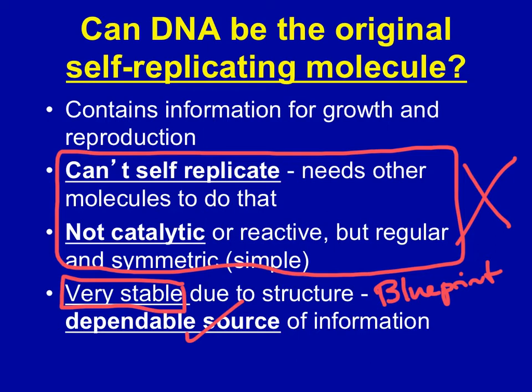So DNA cannot replicate by itself. So it has one of the features required, but not the second major feature. The two major features are being able to self-replicate and having the information stored in it that would allow for heredity and evolution to occur. So DNA is out.